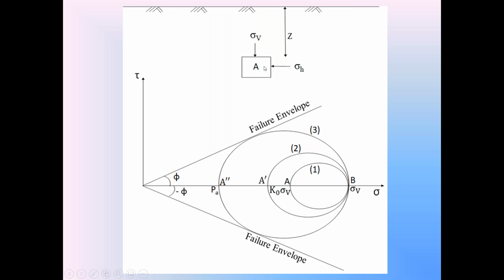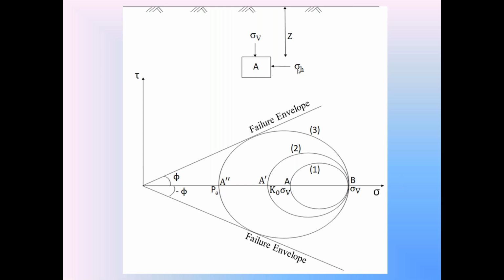But if the retaining wall is further moving away from the backfill, sigma h still decreases.